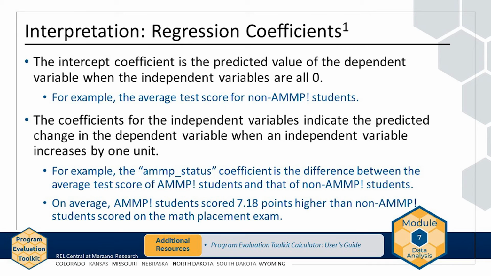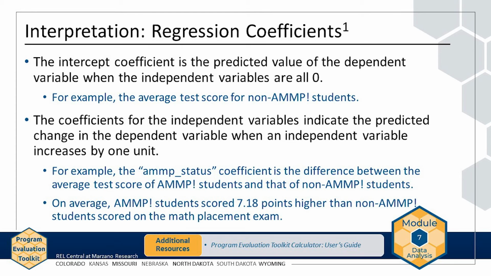The coefficients for the independent variables indicate the predicted change in the dependent variable when an independent variable increases by 1 unit. This linear regression analysis has only one independent variable, AMP status, which equals 0 for non-AMP students and 1 for AMP students.